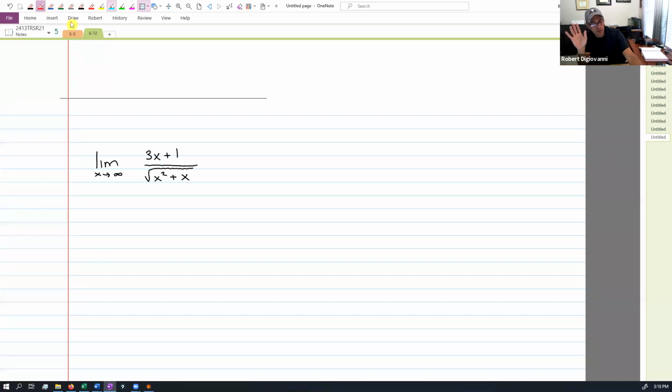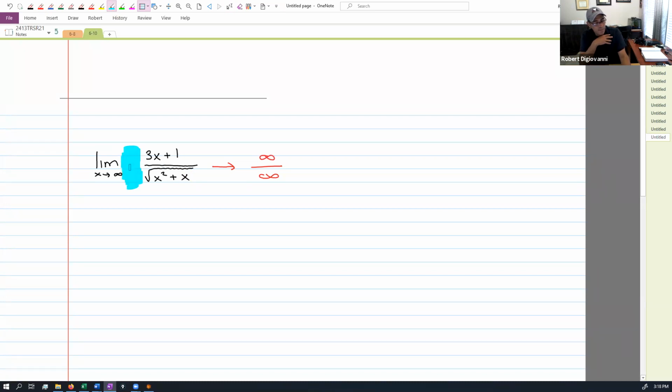We should probably check: does everyone agree that this goes to infinity over infinity? Infinity times 3 plus 1 is infinity. Infinity squared plus infinity is a huge infinitely large number. The square root of an infinitely large number is still infinitely large. So we do have infinity over infinity, so we do want to be doing some algebra. We do want to come out front with something.